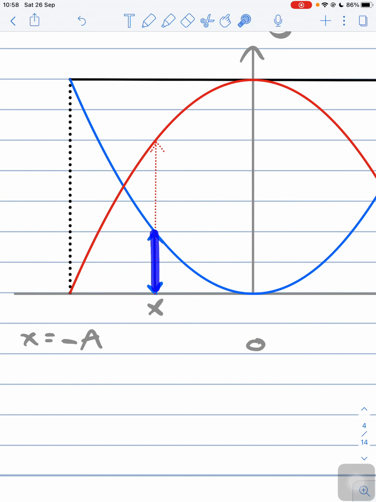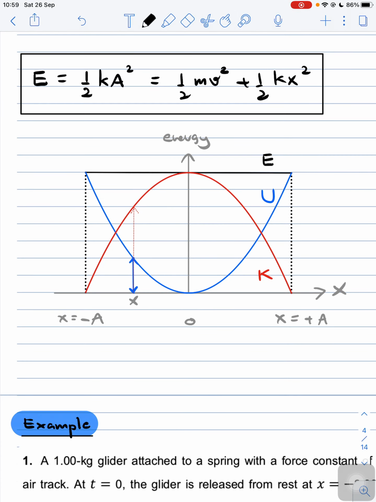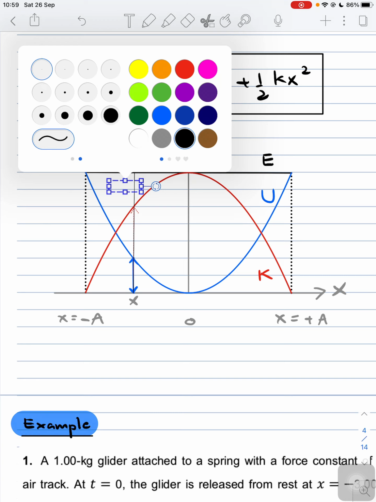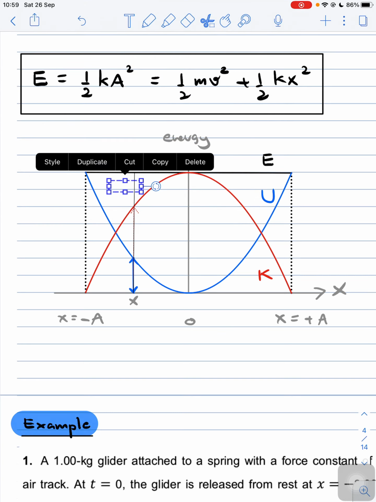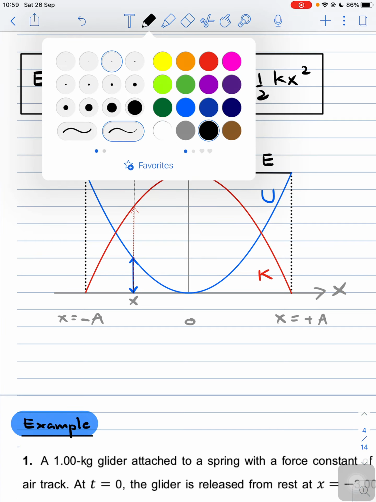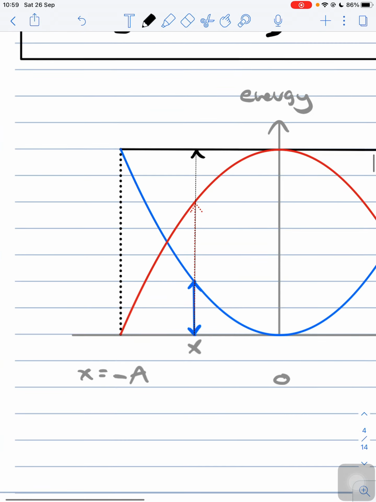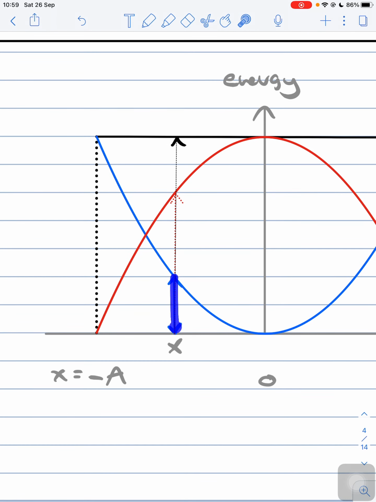So the blue one plus the red one must be equal to the black one. So this length plus this length must be equal to this length, and that's it.